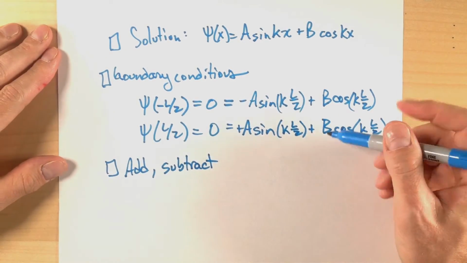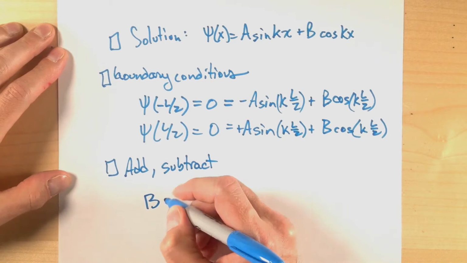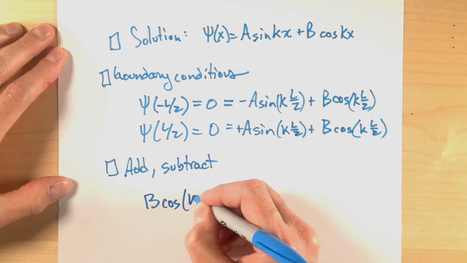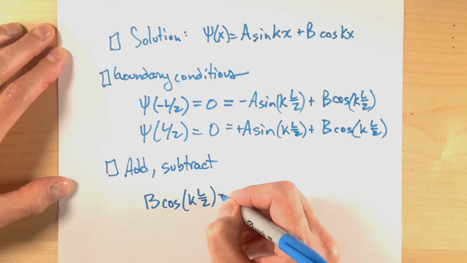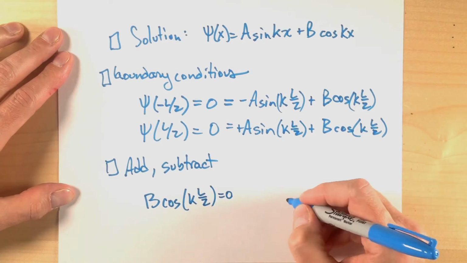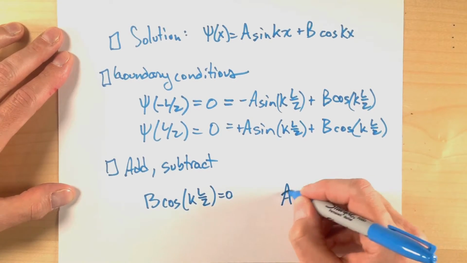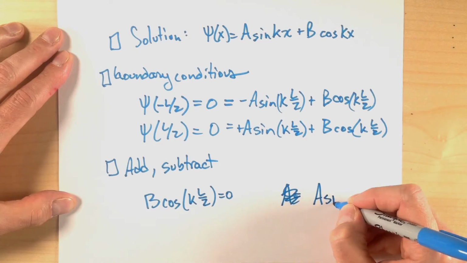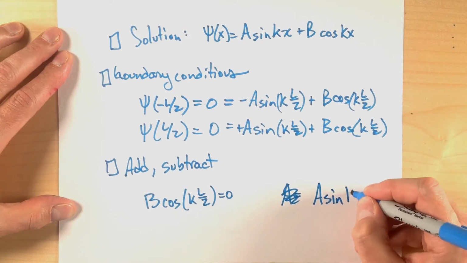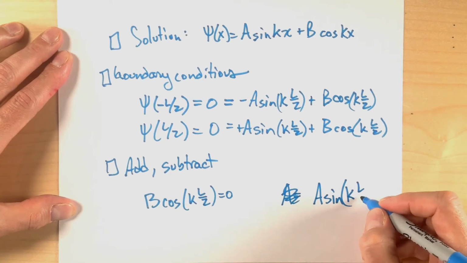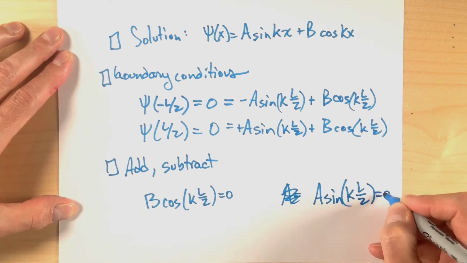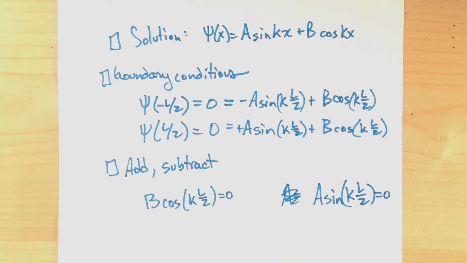If we add them, we get b cos of k L over 2 equal to 0, and a sine of k times L over 2 equals 0. So this is what we must satisfy.